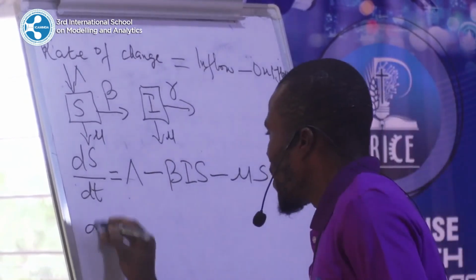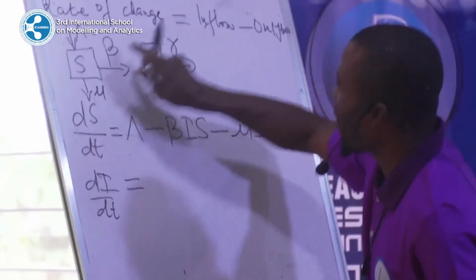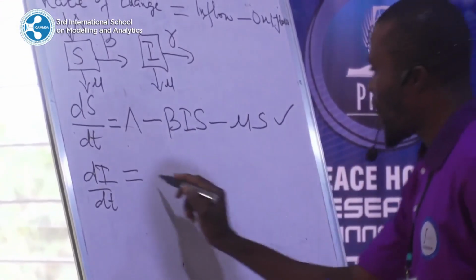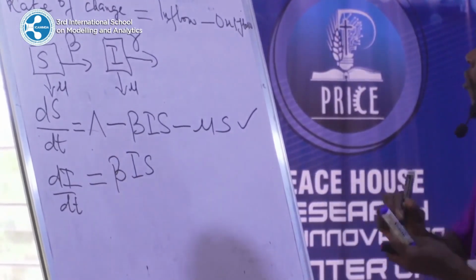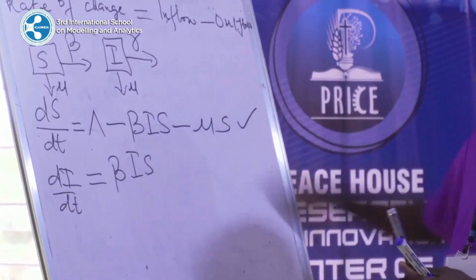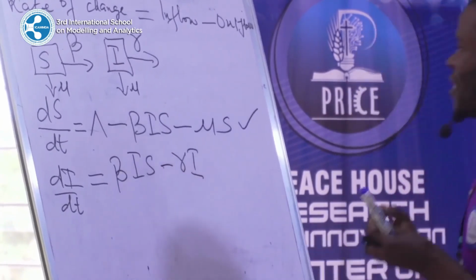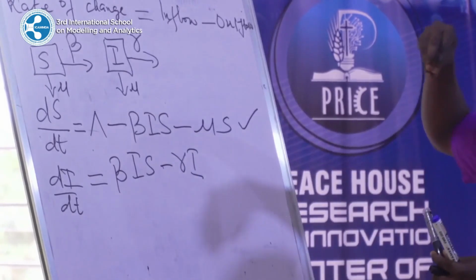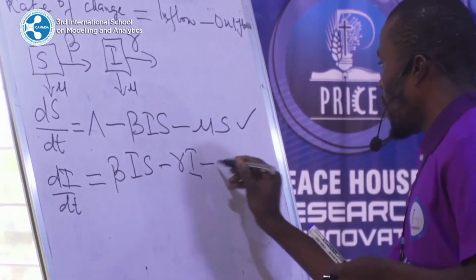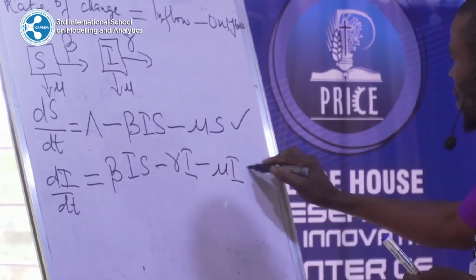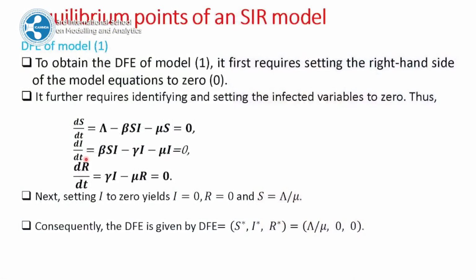So dI/dt: people are moving in at this rate, so we have beta I S, and people are going out due to recovery, so we have minus gamma I. People also leave that compartment due to natural death at rate mu, minus mu I. And this gives the rate of change of infectious individuals at any time t.